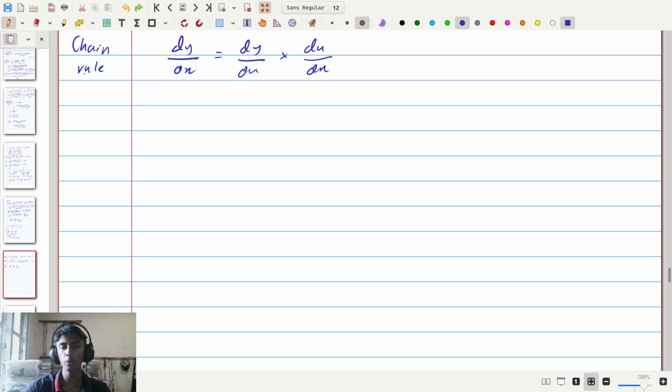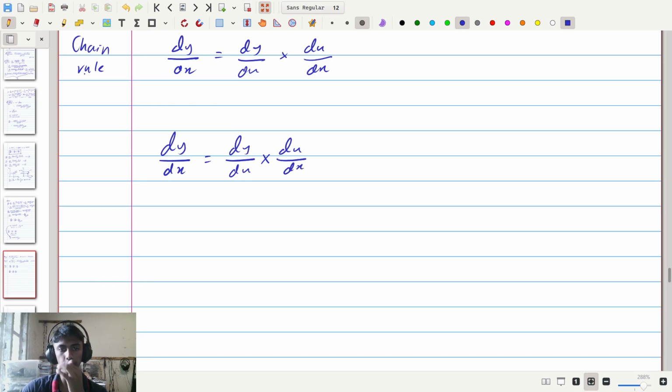Before we continue, we're going to derive one last thing. This is actually derived from the chain rule. It is a special case of the chain rule, and it relates dy by dx to dx by dy. Considering that, we have that dy by dx is equal to dy by du for some intermediate value u times du by dx. This is what the chain rule states.